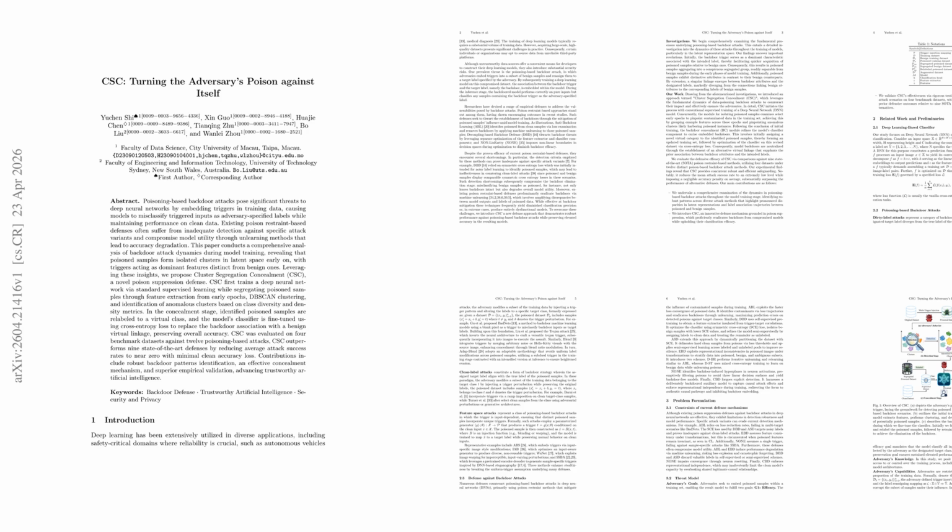In the concealment stage, CSC freezes the feature extractor and fine-tunes only the classifier head for 10 epochs with cross-entropy on the augmented set, replacing the adversarial trigger-target link with a benign trigger-virtual class link instead of unlearning it.